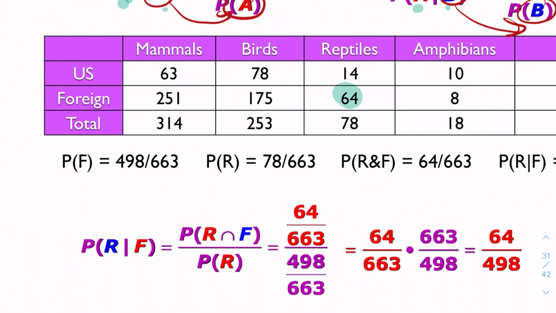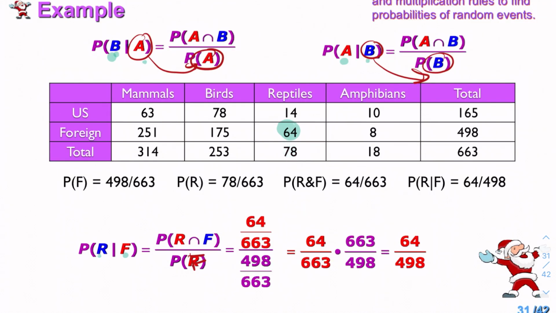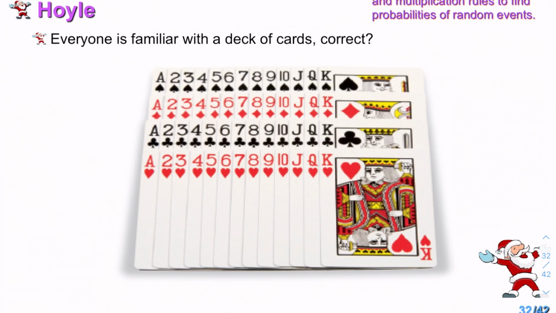So I have my 64 divided by the total number of reptiles. Probability that reptiles given foreign, and if that's foreign, then that is 64 over the total of foreign, which is 498. Excuse me for my notation mistake.